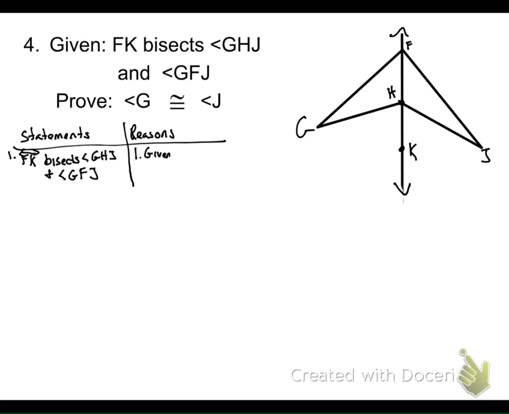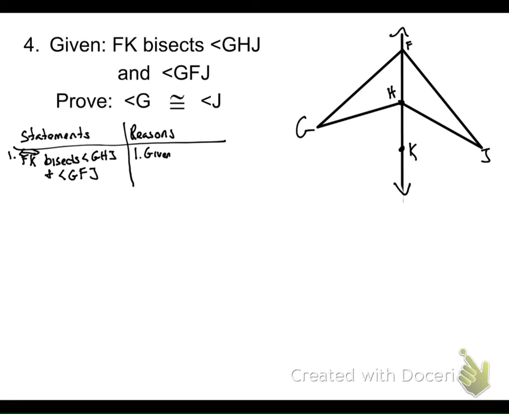When something is being bisected, what happens? It's cut into two. What is true about the two? They're congruent, right? Same amount. So when this is bisecting these two angles, we see that GFJ is being bisected.